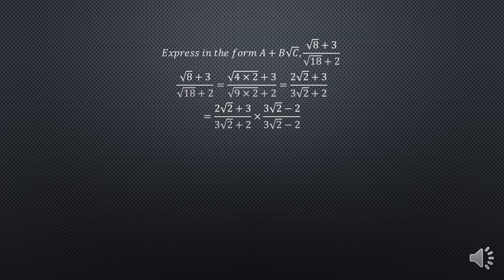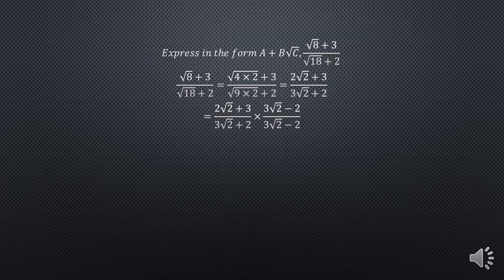You can try it out in your free time, where you would change 3 root 2 minus 2 to 2 minus 3 root 2, and you'll end up getting the same answer. As long as you change only one of the signs, you will end up with the right answer.